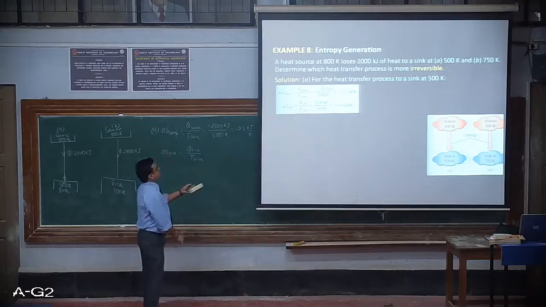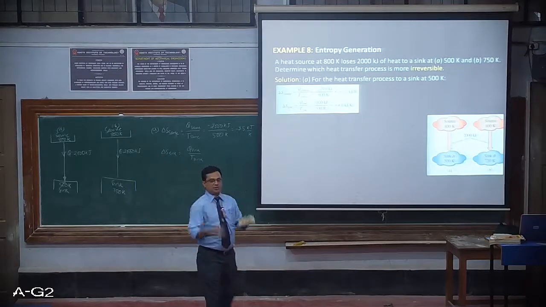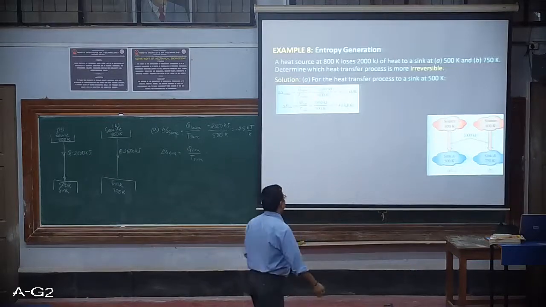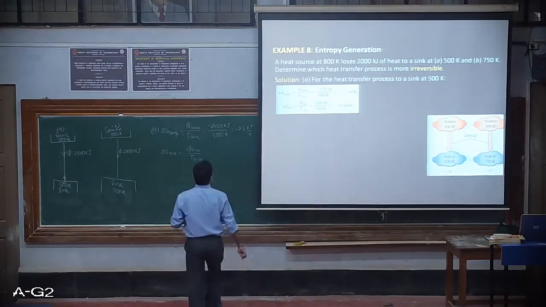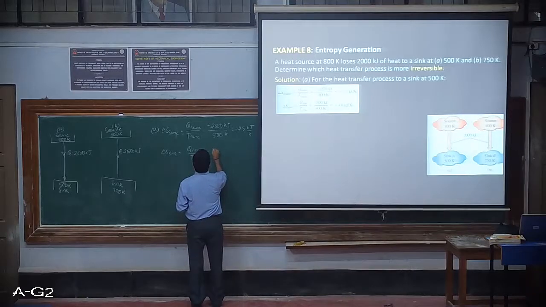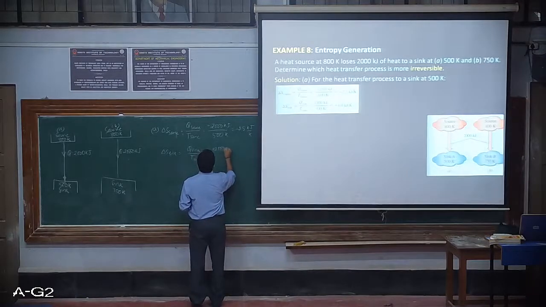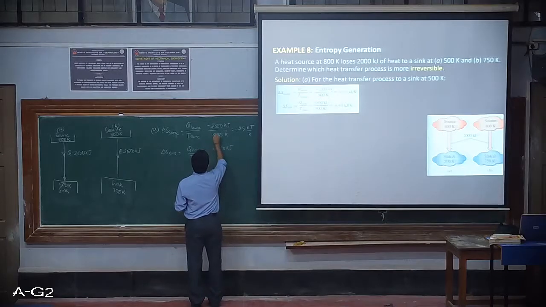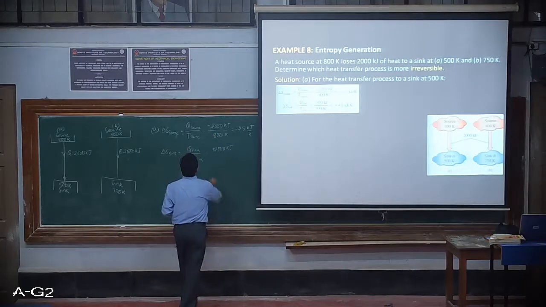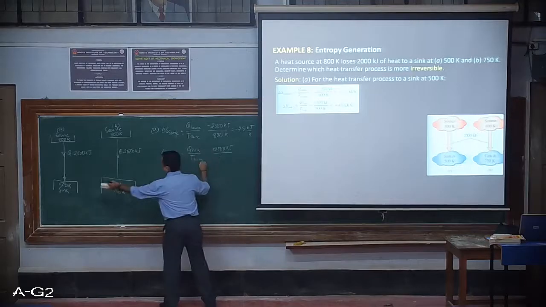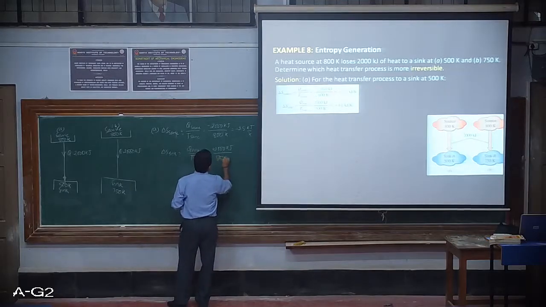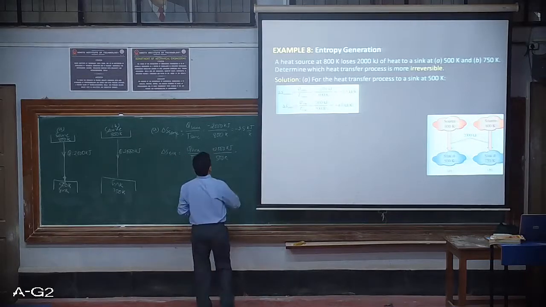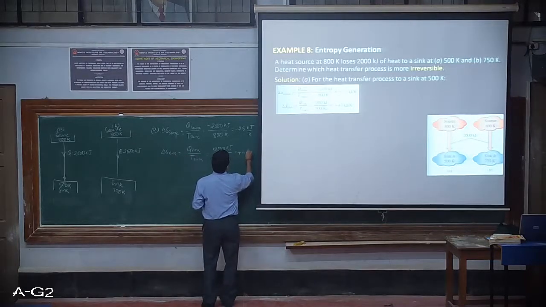Since 2000 kilojoule of heat is absorbed by the sink, by sign convention now here we have positive 2000 kilojoule. At the sink, what is the temperature? Temperature is 500 Kelvin. So if you take the ratio, it is plus 4 kilojoule per Kelvin.